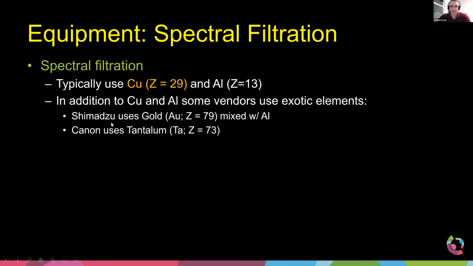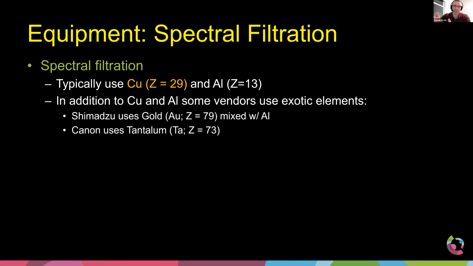Some systems, like Shimadzu and Canon, use rather exotic elements such as gold or tantalum. And that's just different atomic numbers. It's a way to enhance the attenuation with thinner amounts of filtration. You can get filtration from as little as 0.1, 0.2, 0.3 millimeters of, say, copper or gold or tantalum, all the way up to 0.9.